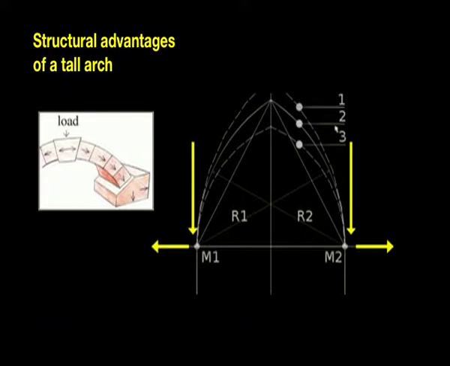If you could compare these 1, 2 and 3 arches, arch number 1, because of its height, has more of a vertical component and less of a horizontal component, whereas arch number 3 has less of a vertical component and more of a horizontal component. Structurally, we prefer arch number 1 because it takes care of vertical loading very easily and it gives very less room for horizontal loads.